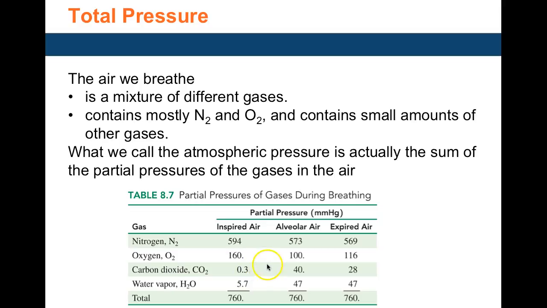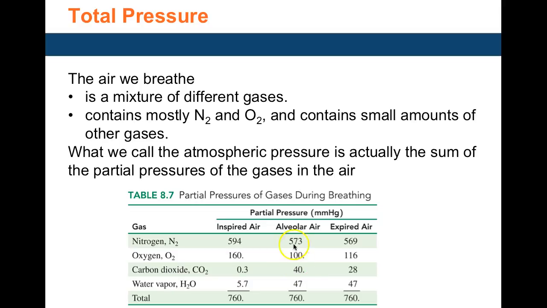Now you compare it to the air in the lung, and you see that oxygen has come down, all right? From 160, it's come down to 100. Look at carbon dioxide. Carbon dioxide is really high, all right? So what happens is there is an imbalance between the carbon dioxide outside and the carbon dioxide inside the lungs.